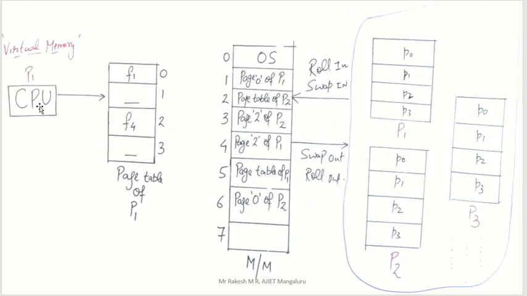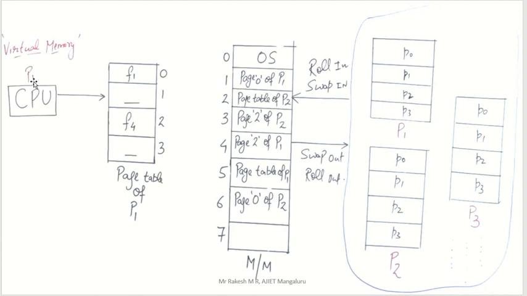Now consider, here we have the CPU. Then this is called the page table. For each process there is a page table. Here the page table of P1 is shown. What does the page table contain? Outside we have the page number, inside we have the frame number.